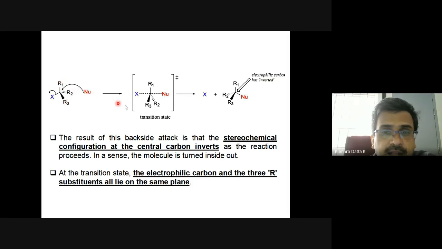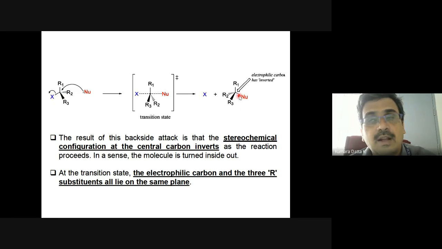Because it is a rear attack, and it is blocked from the leaving group side, the electrophilic carbon gets inverted. The nucleophile enters from the backside, and we get a stereochemical change, for example the configuration from here to here is inverted. That's the reason why the molecule has turned inside out.